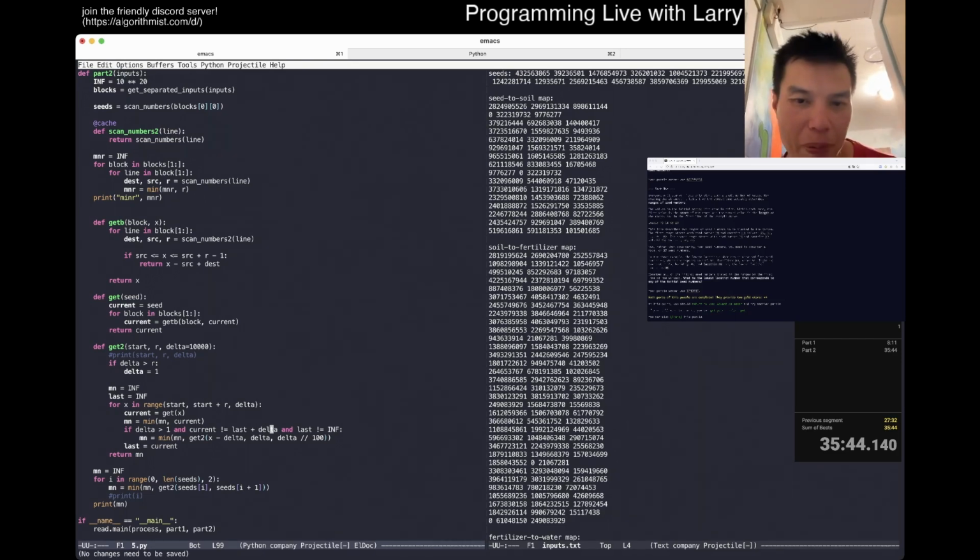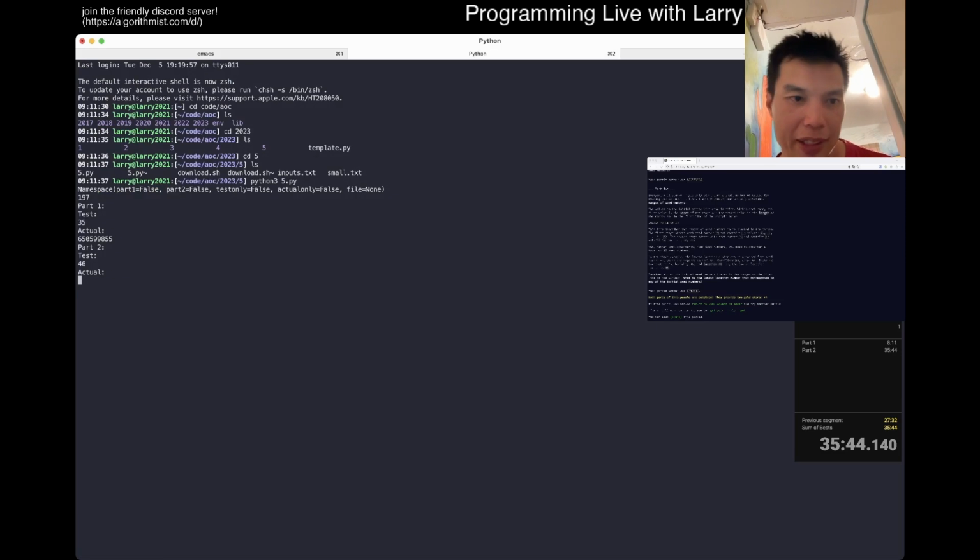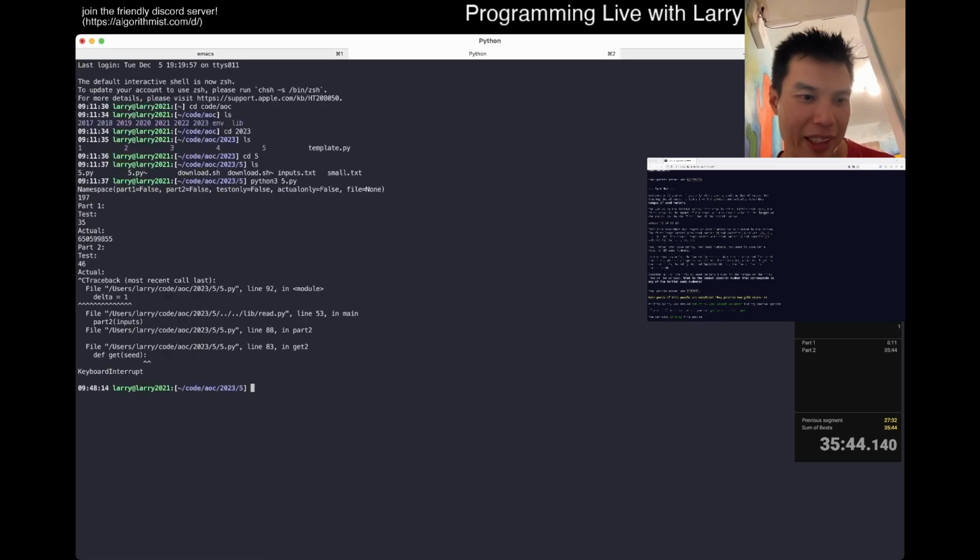I think the idea probably is good, and even if you just do the deltas equal to 1,000, that saves you like 1,000 times optimization, more or less, right? So is it still running? I forgot that I had it running.